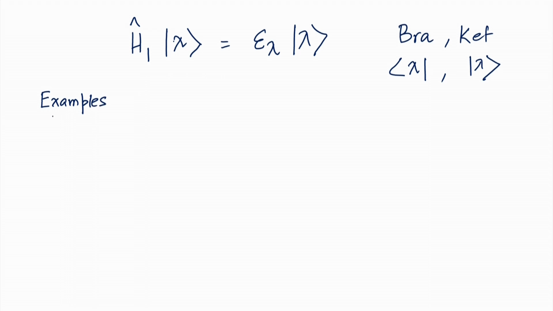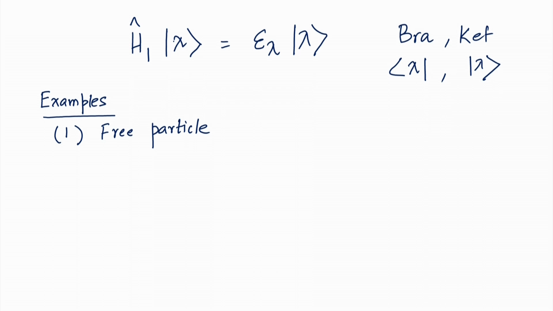Let us give some examples of such a single particle Hamiltonian, and let us talk about the most trivial example, which is a free particle in a continuum.